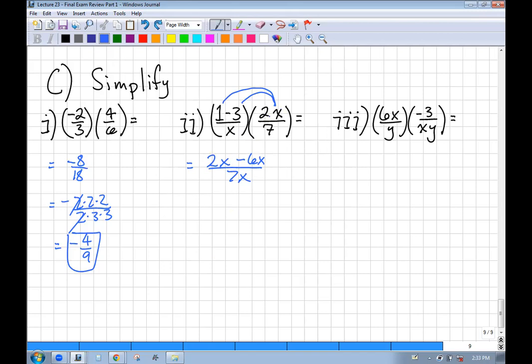Really, you could just do this from the start, okay? But if you wanted to do it this way, you could go, okay, this is 2 minus 6, both times an x. 2 minus 6 is a negative 4/7. Which you could probably do from right here.